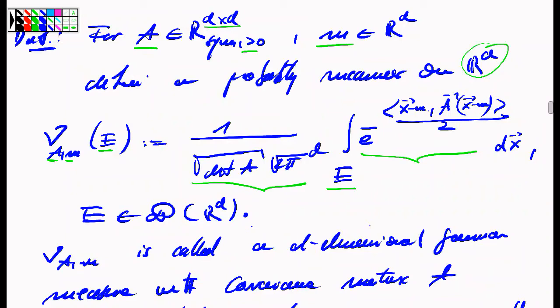So this inverse number which we have here in front of this integral is what we call a normalization constant or a normalizing factor, and I will discuss in a minute why this is the right normalization.